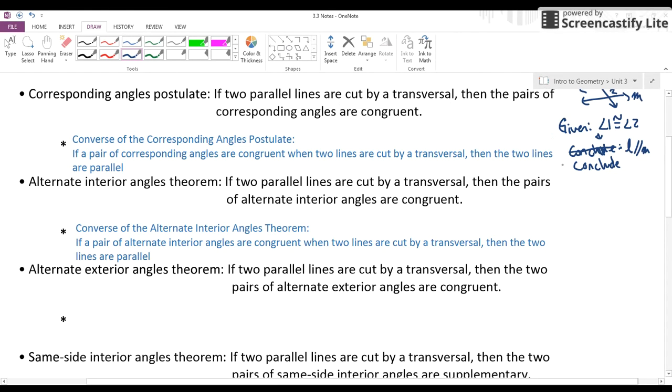So if we bring this to a diagram, call this L, call this M, and nowhere am I given in the notation or in the words that L is parallel to M. But I know that angles 1 and 2 are congruent.